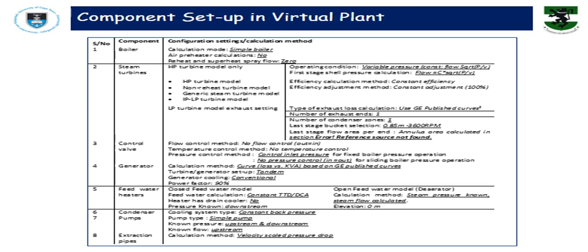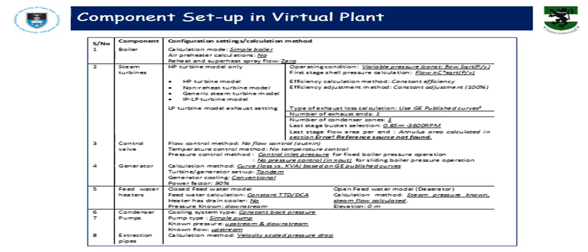Now, after selecting the process parameters and the component parameters, the models were set up in the VirtualPlant software using this particular selection method. So for the boiler, we had to use the simple boiler calculation method. There was no need to use an air preheater.